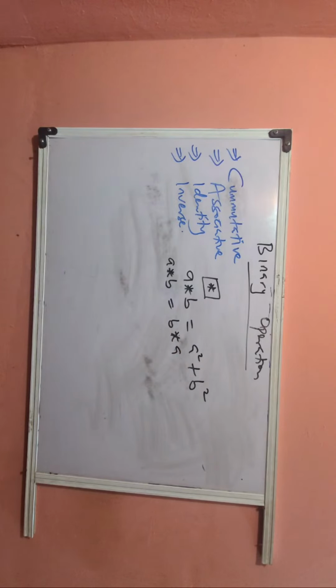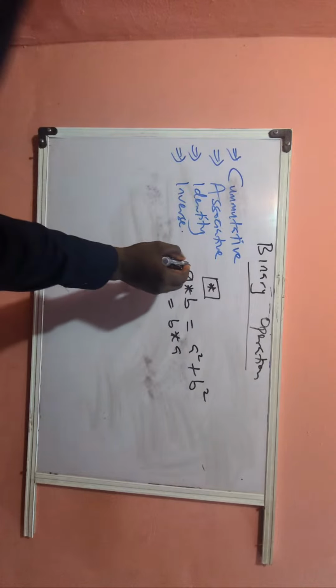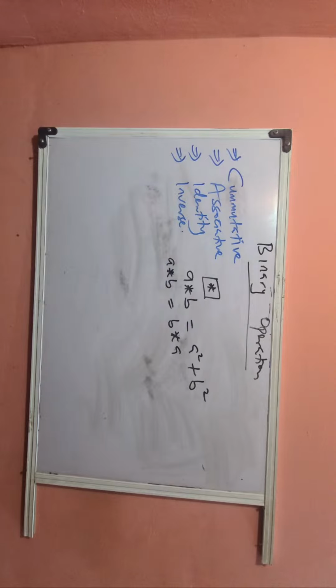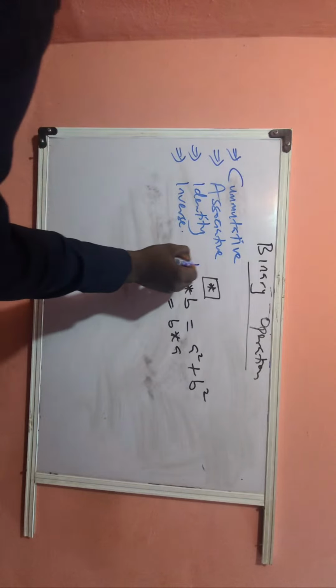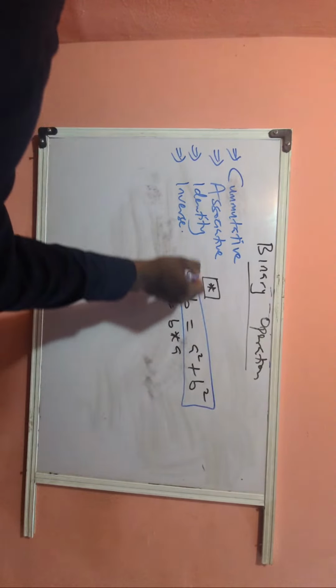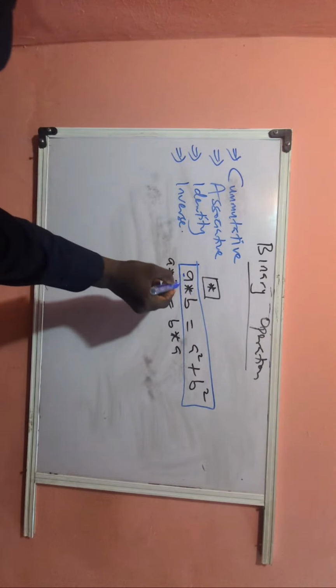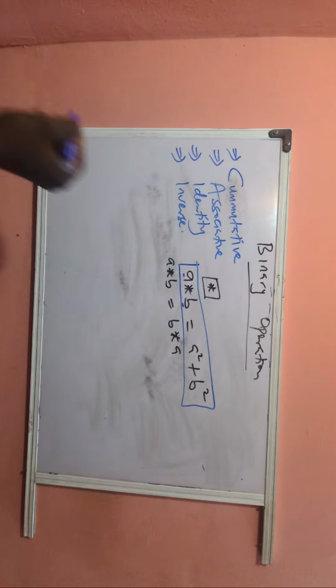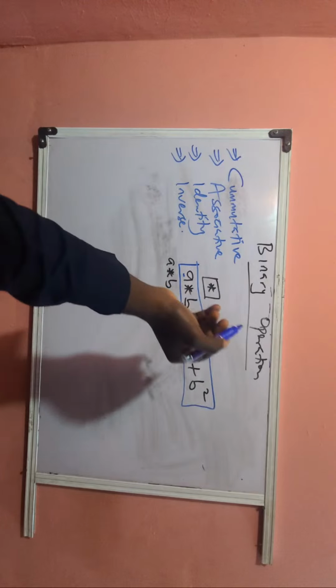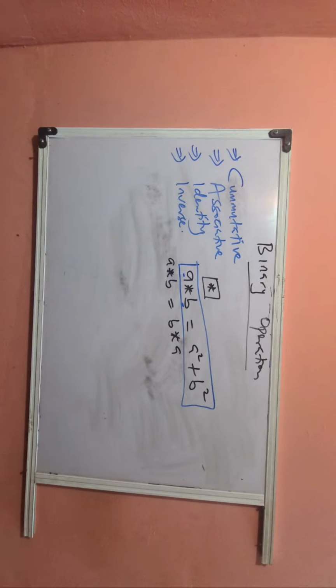And don't forget, I just talked about substitution. If you are dealing with binary operation, you need to learn how to substitute properly. Don't get it confused, just stay with me. You have a star b, or a binary operation b, whatever we want to call it; I will explain more on that later.